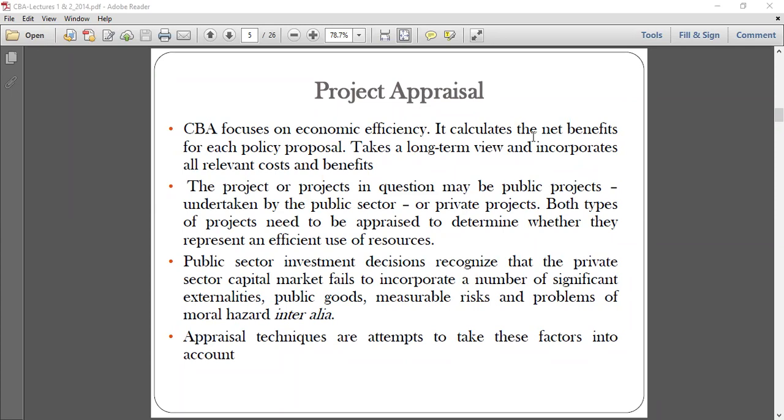Now, we all know that the public sector has to exist because when we leave the entire economy in the hands of the private sector, we normally have something called market failure. Something like public goods. The private sector will not provide public goods. An example is street lights.